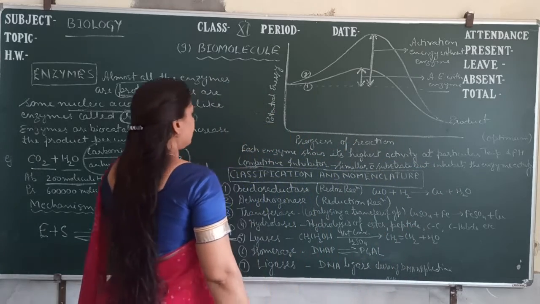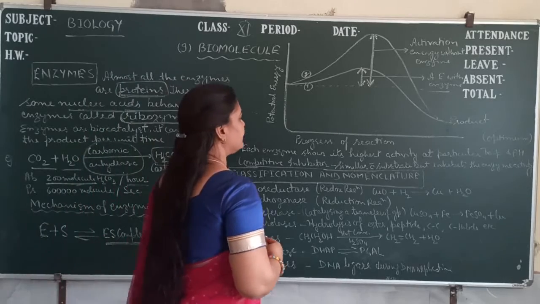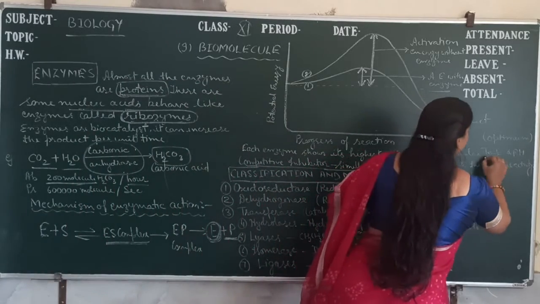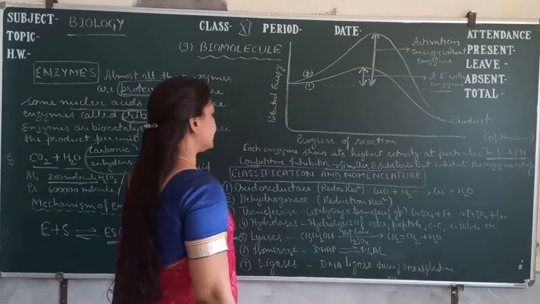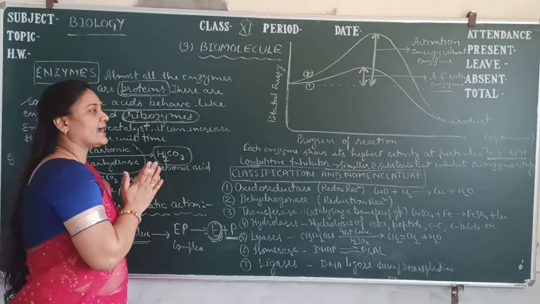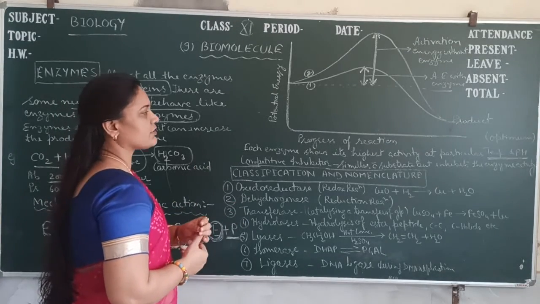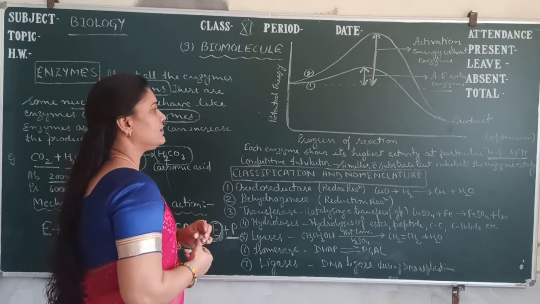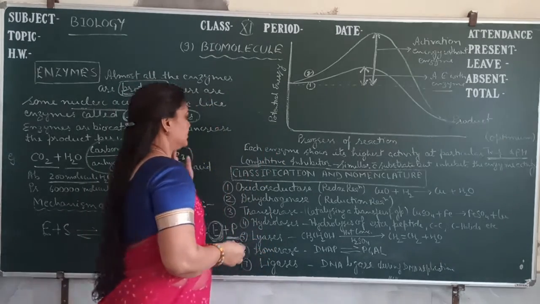Okay. Now, what is the action of temperature and pH? What is the relation of temperature and pH for the enzyme? Actually, each enzyme shows its highest activity at a particular temperature, which is known as the optimum temperature, and a particular pH, known as the optimum pH.